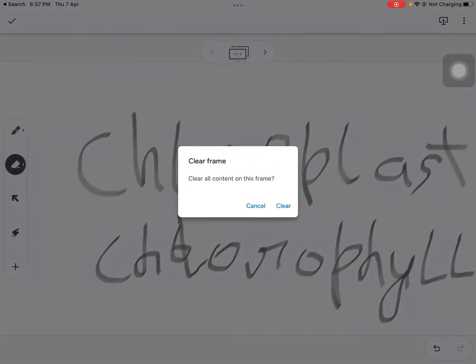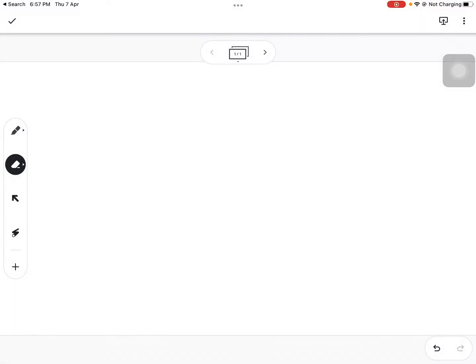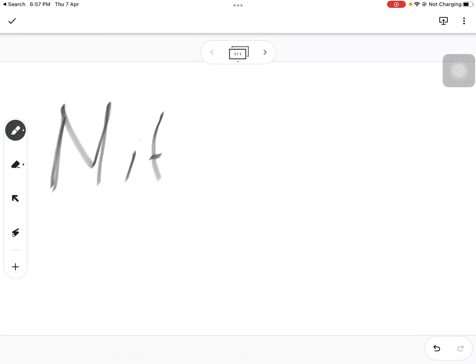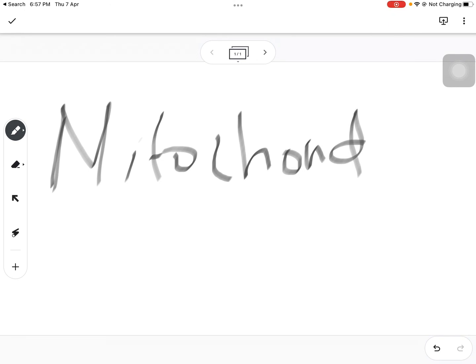Now we will talk about mitochondria. So this is how we spell it. Mitochondrion. All plant cells have mitochondria, and the singular is mitochondrion.